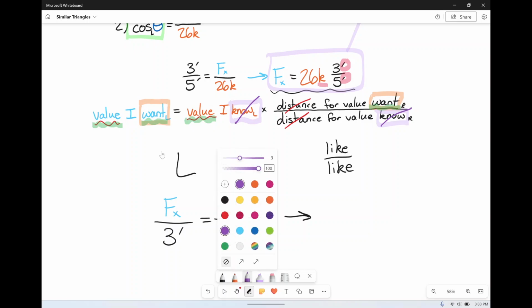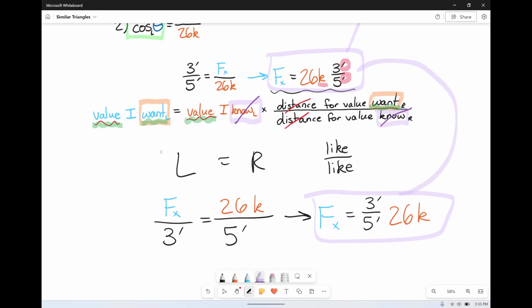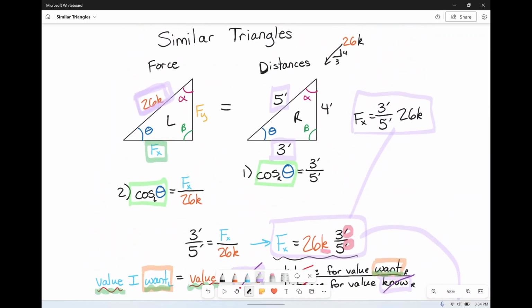So now we're going to cross multiply, and what are you going to be left with? At the very end of the day, you get Fx is equal to, again, 3 feet over 5 feet times 26 kips. Oh my god, it is the exact same yet again. So it doesn't matter if you want to compare left triangle to right triangle, doing all of the things on the left on the one side and then setting it equal to all of the things on the right.